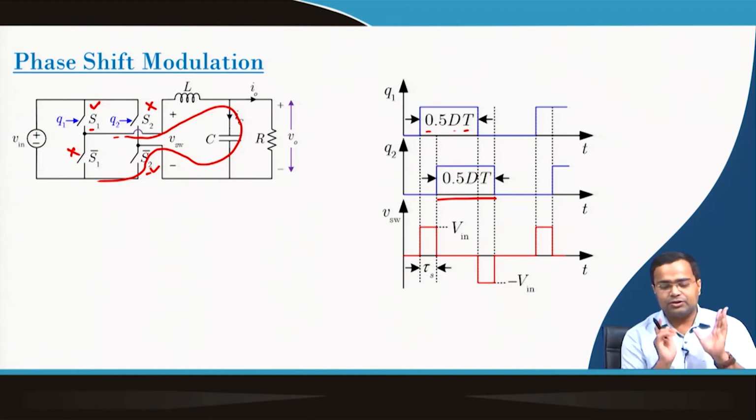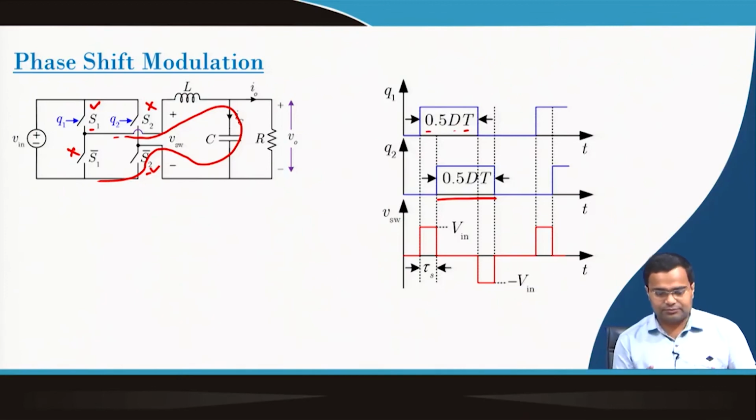So, when S1 is on and S2 is off, that means S2 bar is on, we can see Vin voltage. When S1 and S2 both are on, you will see 0 voltage across the switch node point. If you again take S1 off, S2 on, it will get negative voltage, and when S1 bar and S2 bar are on, you will see 0 voltage.